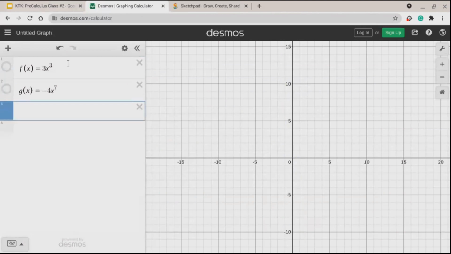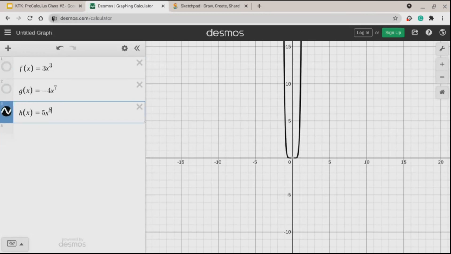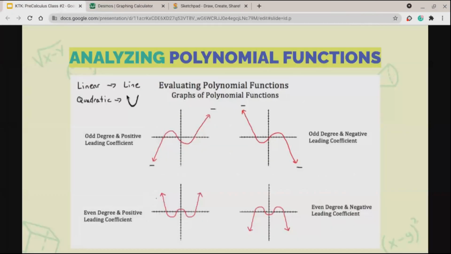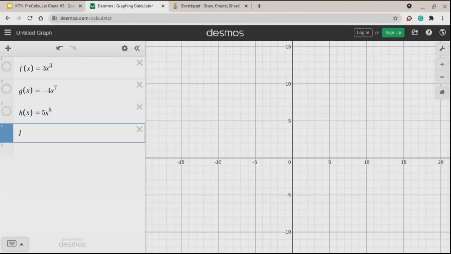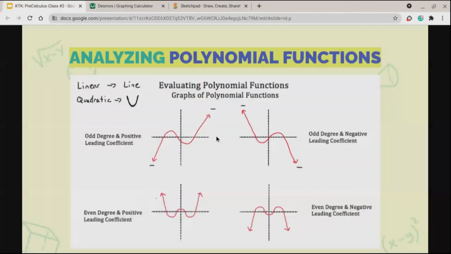Our next one is h of x is equal to 5x power 8. We see both of those go upward. And our last one, j of x is equal to negative 2x power 6, and we see that both of them go downward.